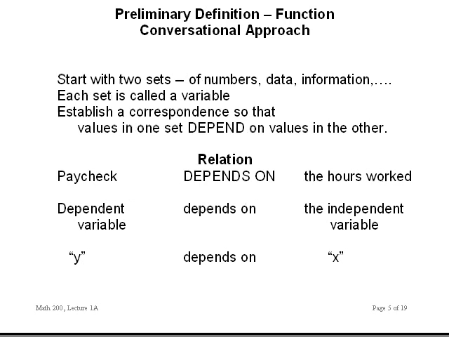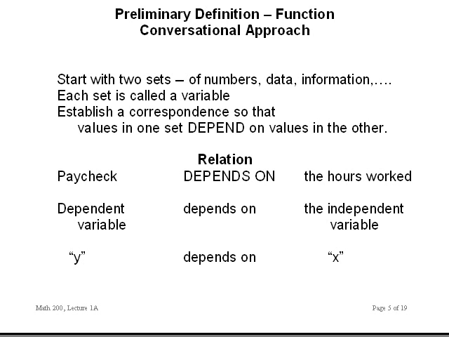So now I'm going to move on to the definition of a function, and I'll approach it in two ways. One is a conversational approach that you probably are used to from your algebra classes. And then the other approach will be a precise definition. So in the conversational approach, we start with the intuition that you might have. We start with, for example, two sets of anything, of numbers, data, information, any two sets.